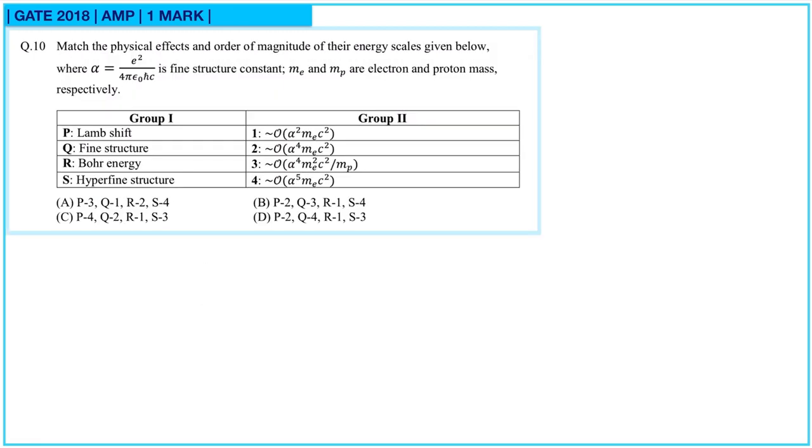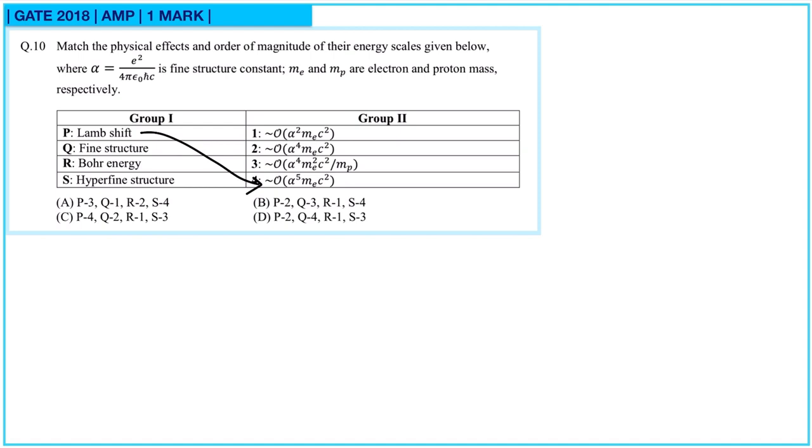Next, match the physical effects and the order of magnitude of their energy values given below, where alpha is e square upon 4 pi epsilon naught h cut c, the fine structure constant, and Me and Mp are the electron and proton mass respectively. Now the Lamb shift is proportional to alpha raised to 5, so alpha raised to 5 m_e c square.